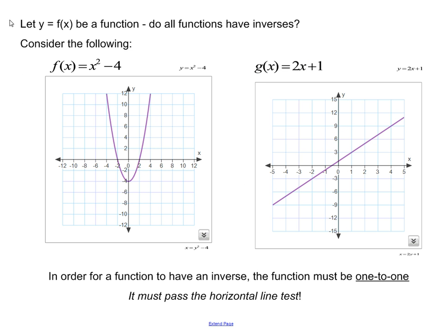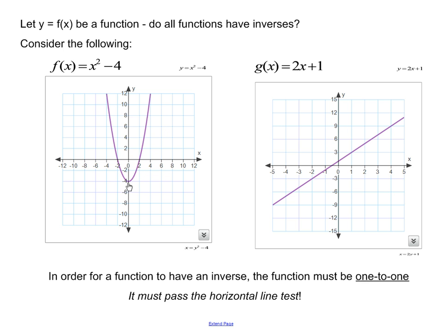All right, let's talk about this. Do all functions have inverses? We've talked about functions that are ordered pairs. What about functions that we can graph? Let's talk about f of x equals x squared minus 4 that I show below here. Well, if we are able to find an inverse, then every set of ordered pairs that we have on the graph of f of x, all our x, y points, will become y, x points.